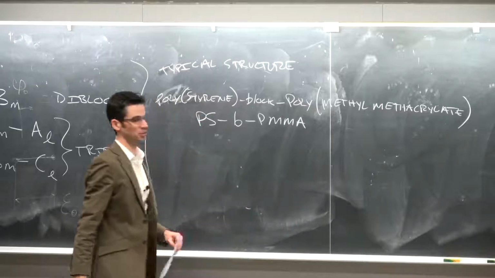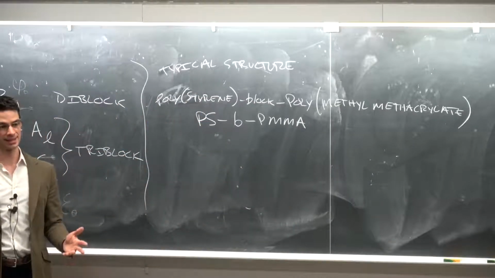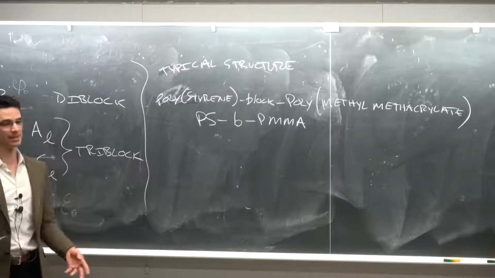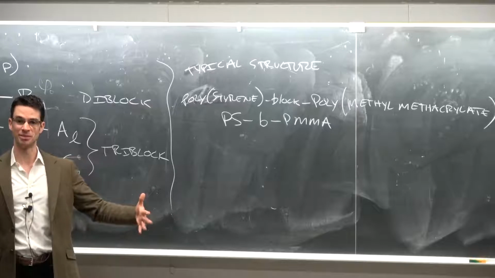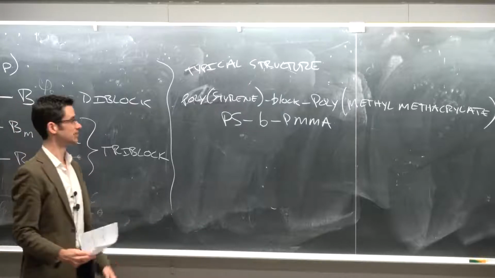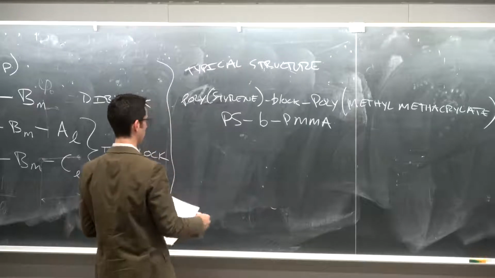And there are only really a few block copolymers that are super common in nanoengineering, and then there are many times that number of specialty materials that are used for specific applications. So polystyrene block PMMA is quite common.